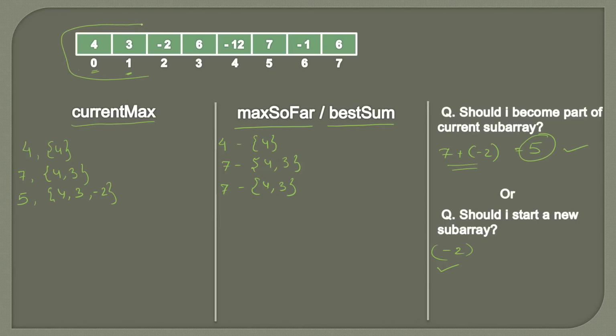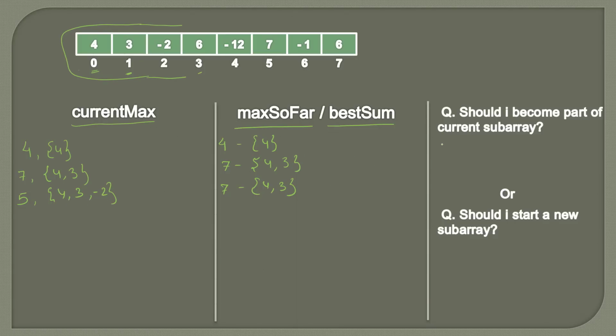So now our subarray reaches like this, that it has included everything: 4, 3 and minus 2. I will remove this. So now we encounter 6. So here 6 will decide, should I become part of the current subarray?